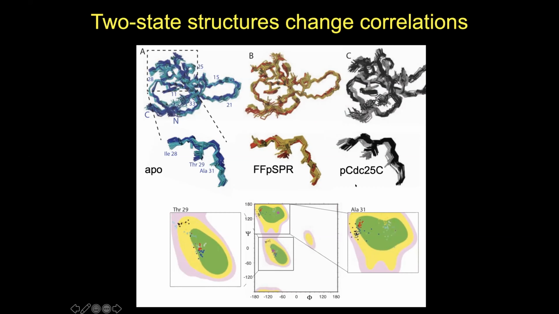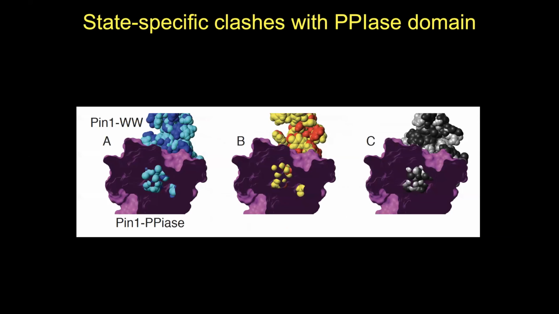That's very interesting. If you now just hypothetically plot the PPIase domain onto the structure, then you see the following. The PPIase is shown in this surface plot in pink, just the interface domain. And in ball representation, we still show the two states with the same colors. What do you see here? We have a steric clash for one of these states in the apoform.